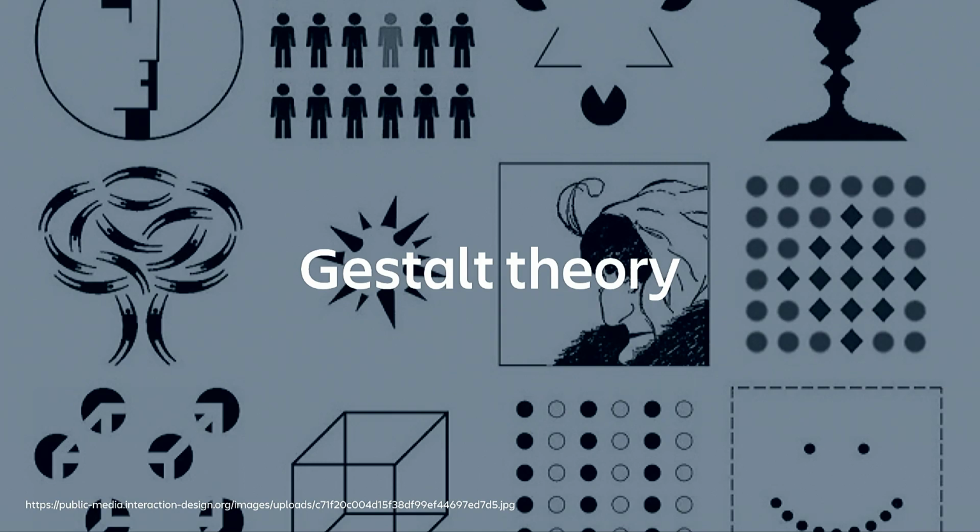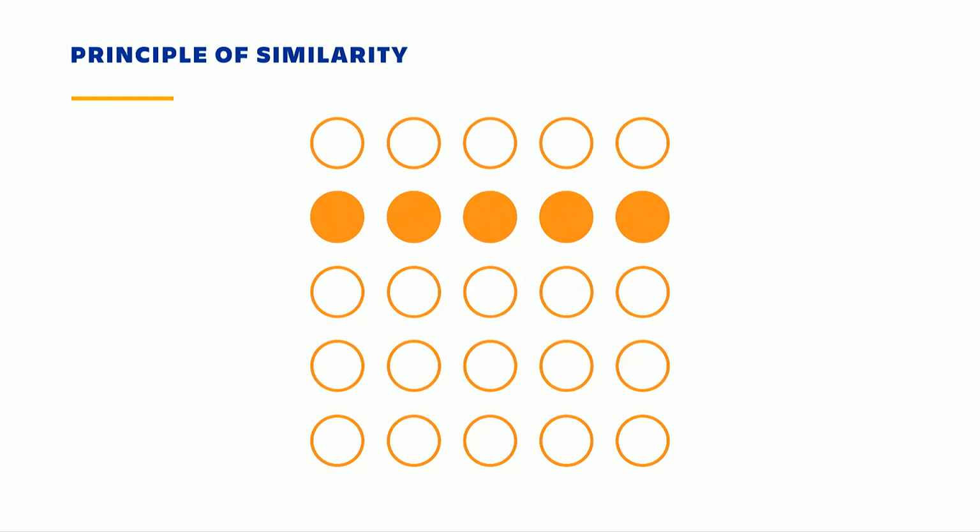And designers often exploit the way that our eyes and brains work, using these principles in tandem to create a desired effect. So the first Gestalt principle is the principle of similarity. And it states that the human eye tends to perceive similar elements in a design as a complete picture, shape, or group, even if those elements are separated.